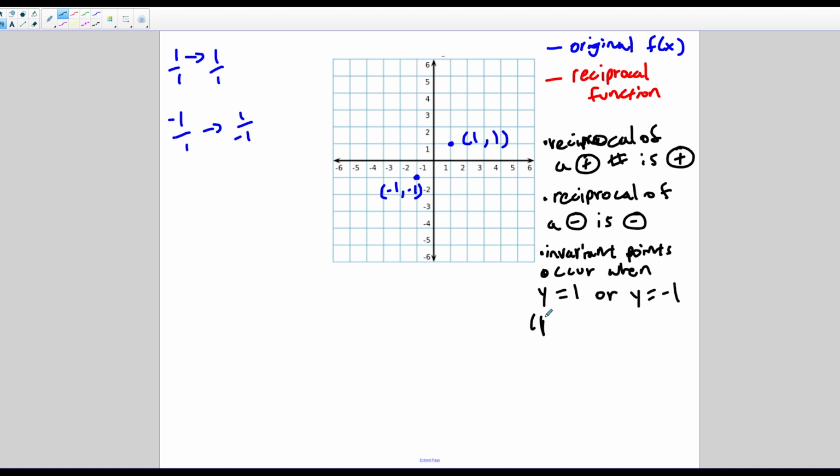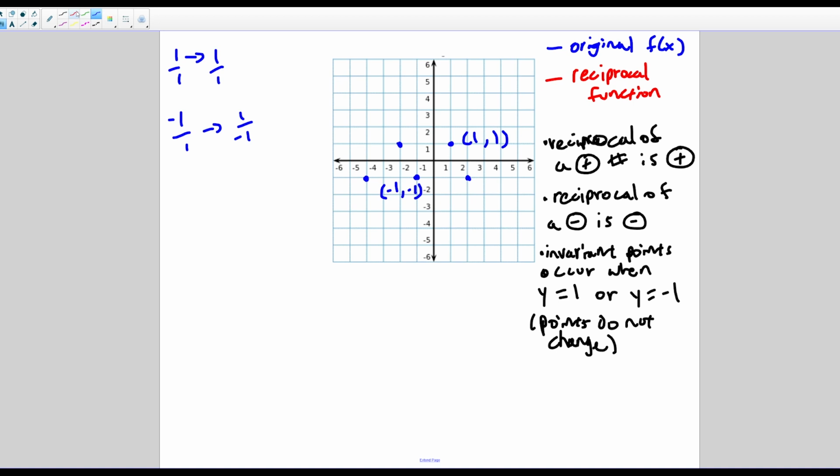So these points do not change from the original to the reciprocal. So if we were thinking of anything along y is equal to -1, this point right here would also be an example of an invariant point in its reciprocal function.